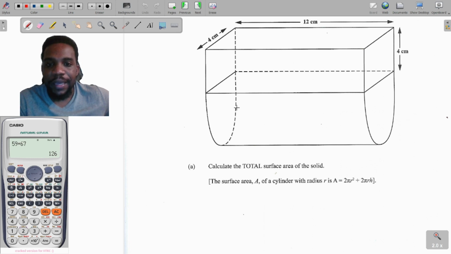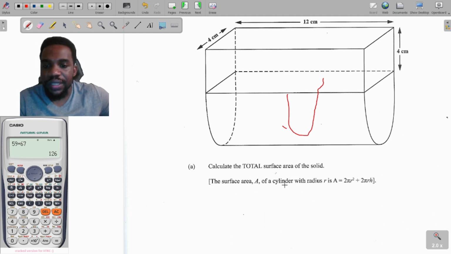All right. Now, what I can see here is that I can definitely, let me start with the base. Down here, I can definitely see the cylinder, right? And it is semi, so it's half. So you have half of a circle around there, you have half of a circle here, and you have half the curved surface area here, as you can see. So since they gave me the formula for the cylinder, we can say that the total surface area would be half that of a cylinder, right?